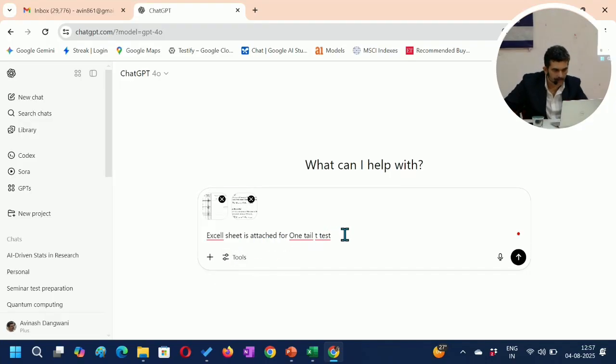Excel sheet is attached for one tail t-test, and hypothesis statements are attached for the same. I have clearly specified that I want a one tail t-test.